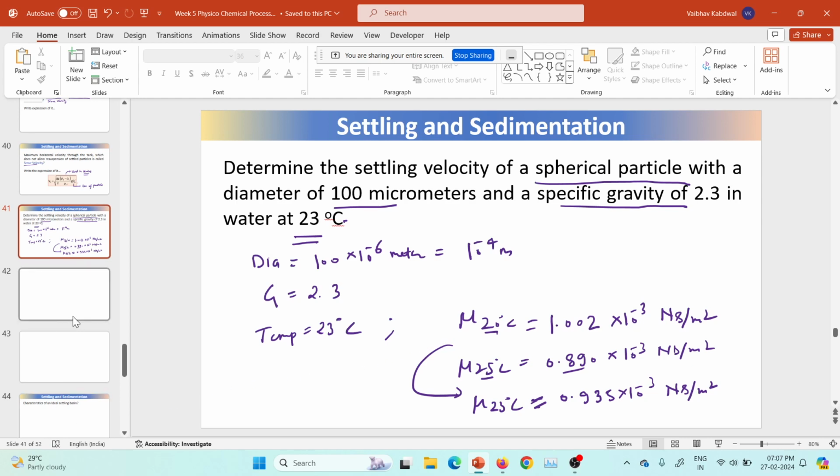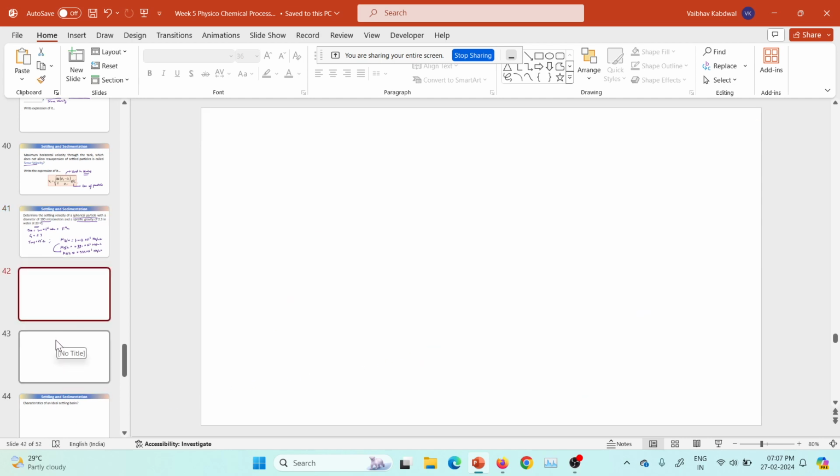So let me write the equation of terminal settling velocity. My notations may be a bit different from what you are using. Let me write the equation: g by 18 mu into density of particle minus density of fluid into diameter of particle, whole square.